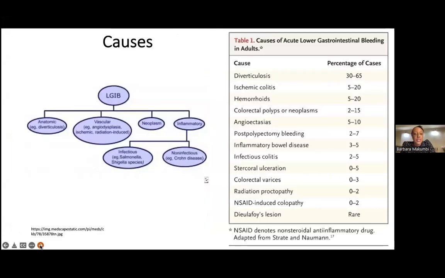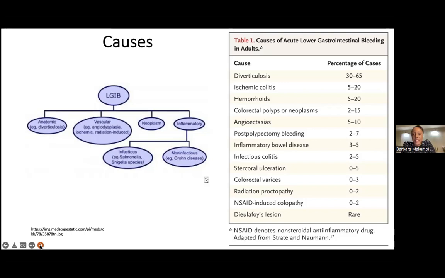Looking at causes, the most common causes of lower GI bleed, which I'll elaborate on later in my presentation, are diverticular disease, anorectal pathologies like hemorrhoids, which are not always massive bleeding but can present with quite torrential bleeding.